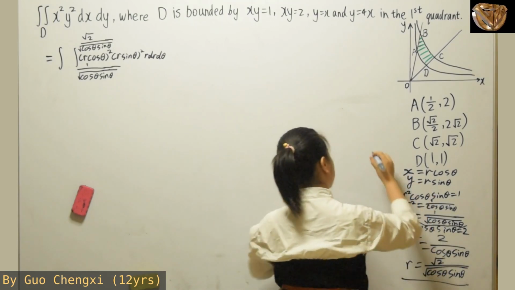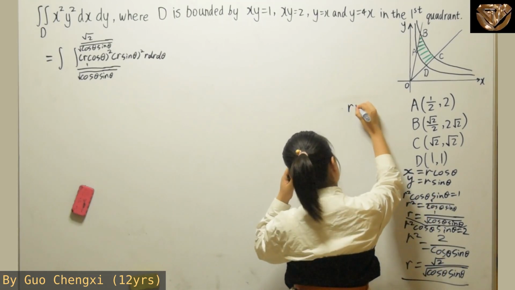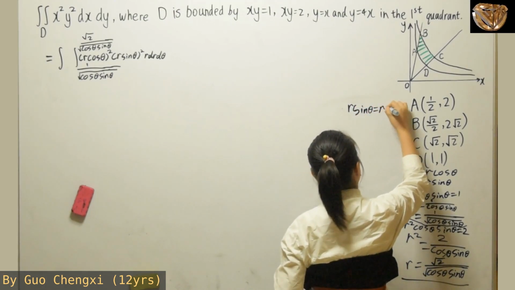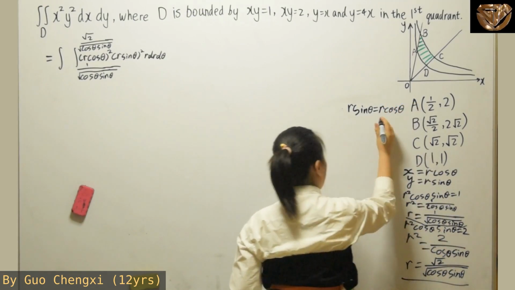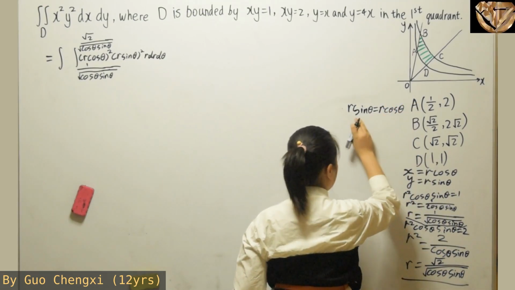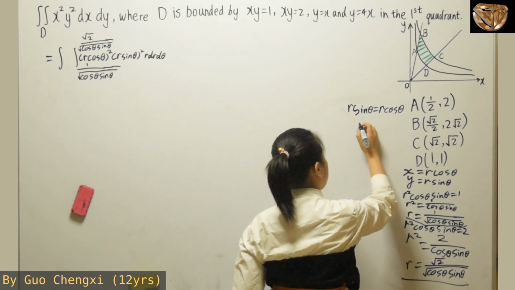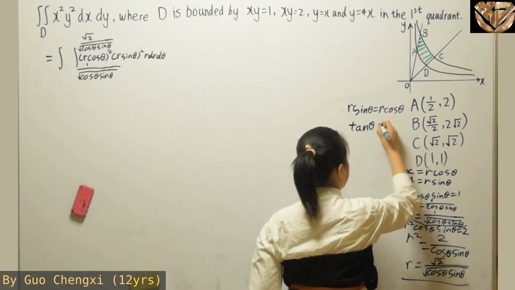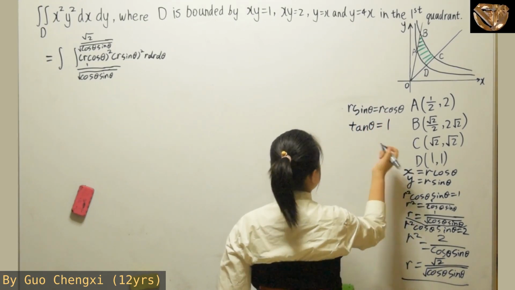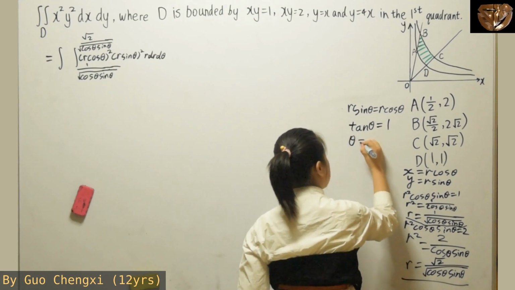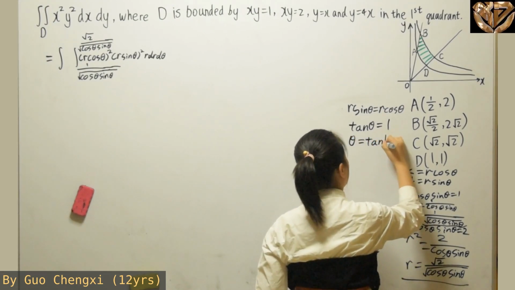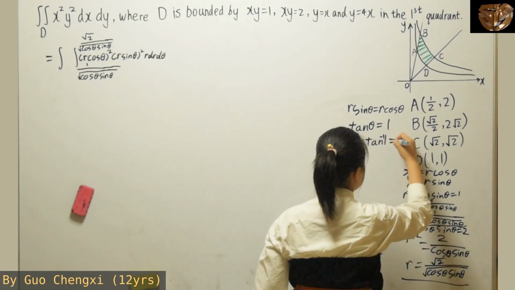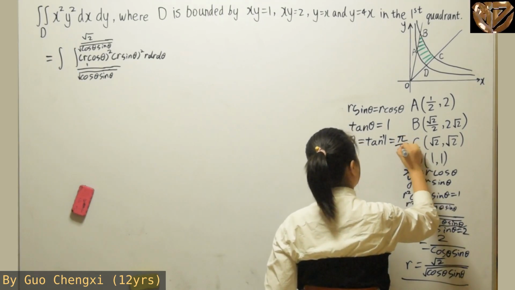For y equals x, we have r sine theta equals r cosine theta. The r's simplify, and sine over cosine becomes tangent theta, which equals 1. Since we are here to find theta, theta will be inverse tangent 1, which is basically pi over 4.